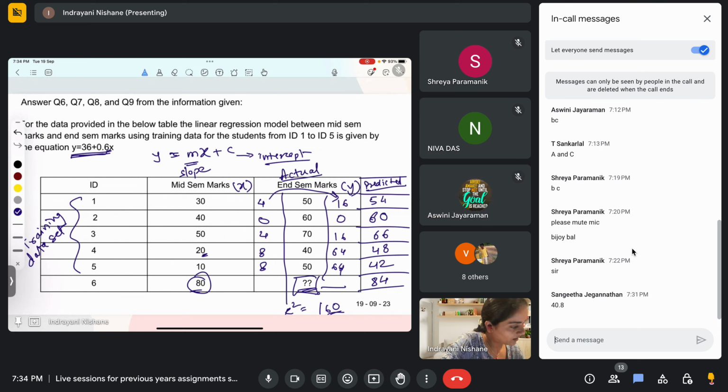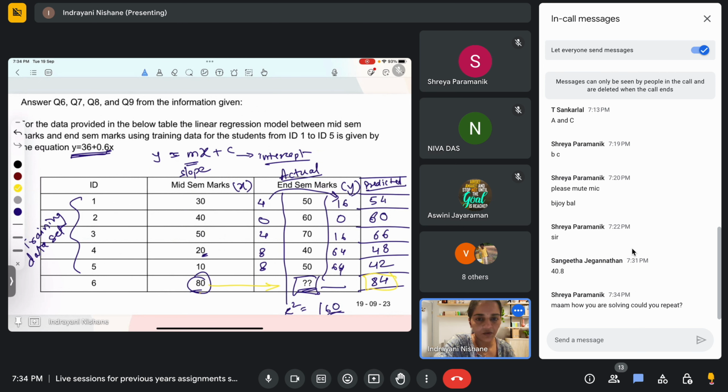So we have calculated everything, like the r square value and the predicted value for everything, and we have also seen what comes for the testing data set, for value 80. What is the prediction for a person scoring 80 in mid-sem marks using this particular model? This model. Yeah.